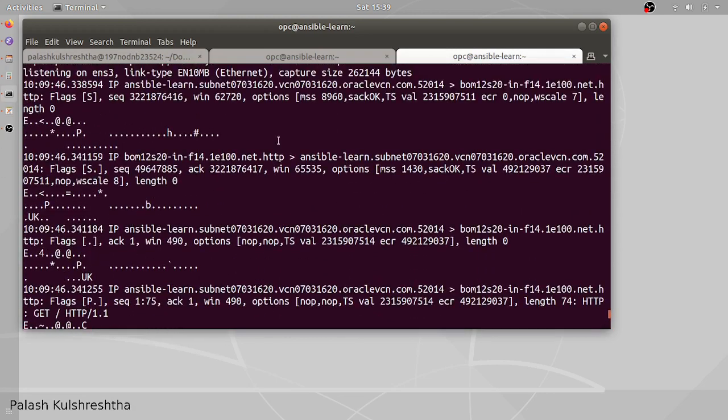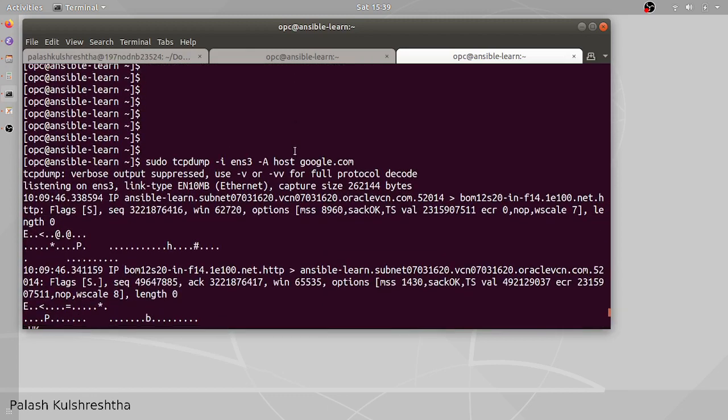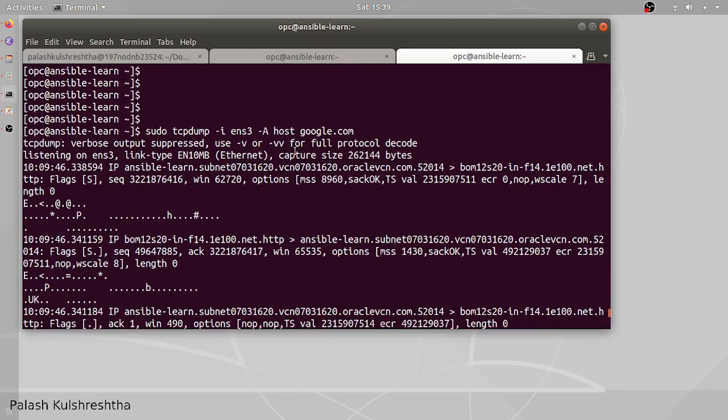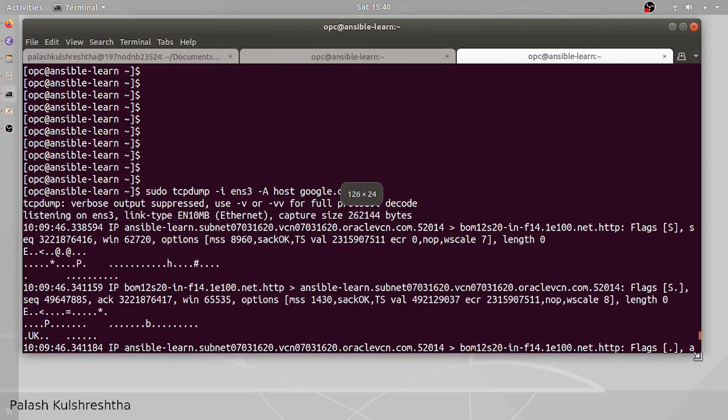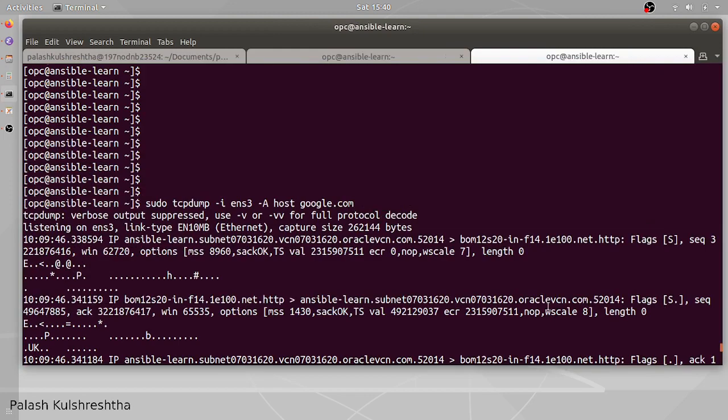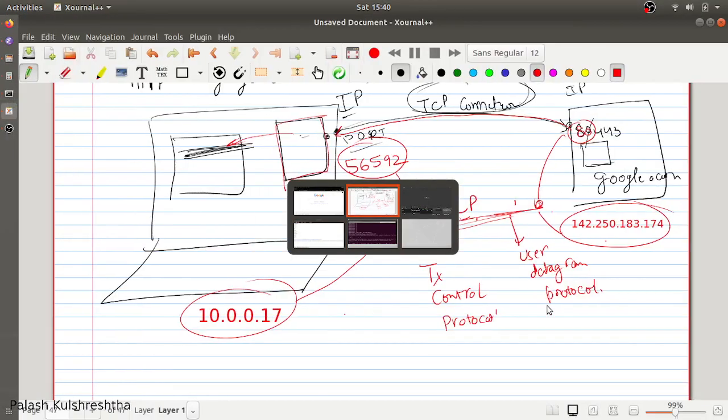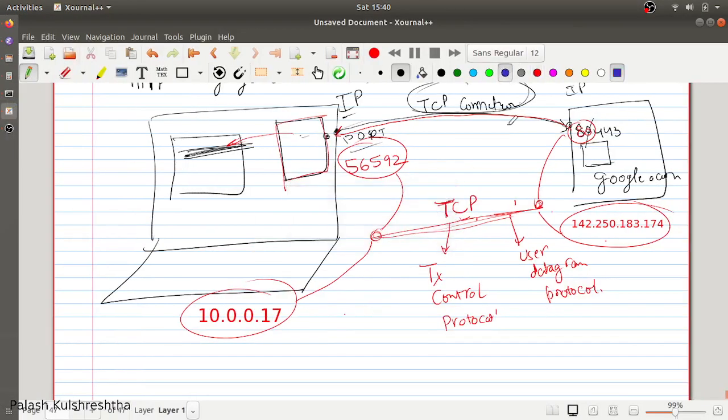As you can see, there is a lot of exchange between google.com and my server. I'm not going to explain each and every piece of information in the output of the tcpdump command, but it basically shows what data is being transferred between these two IP port combinations.